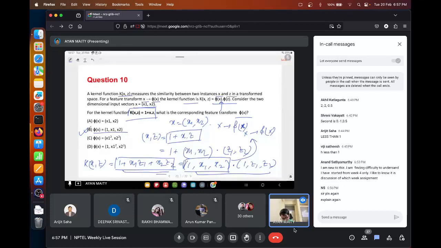So we can factor this into (1, x1, x2) and (1, z1, z2). This is a dot product between these two, and if we compute it, we get 1 plus x1 z1 plus x2 z2. So this is the feature transform for x and z.